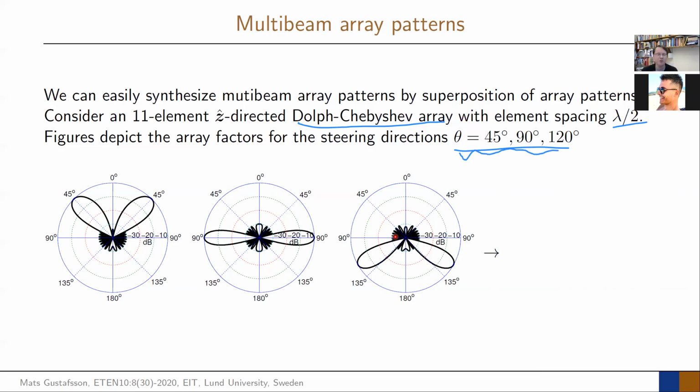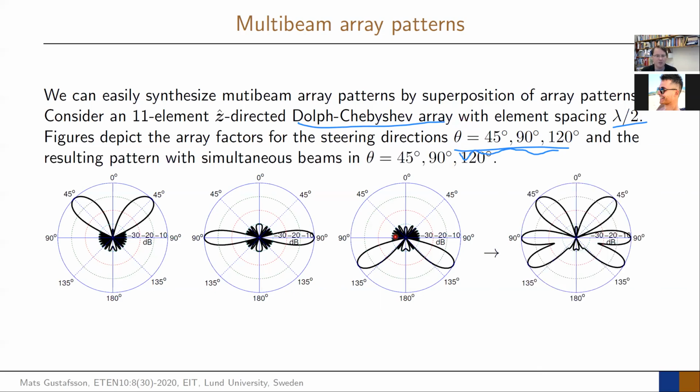What do you do with the coefficients? You just add them up, because the array factor depends linearly on these coefficients. Afterwards you square it to get the pattern, but there's a linear dependence in these cases. So if I sum them up here, I can at the same time have these patterns where I radiate in all 3 directions at the same time.